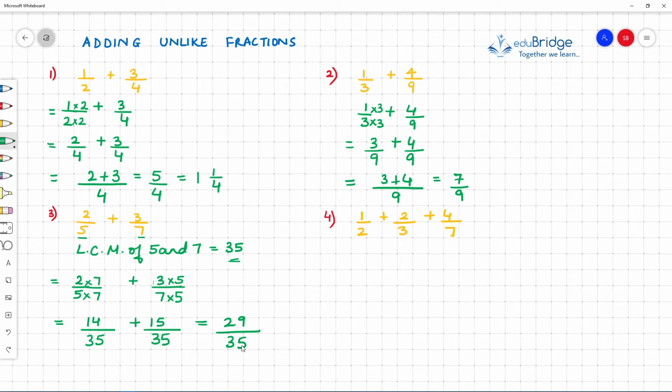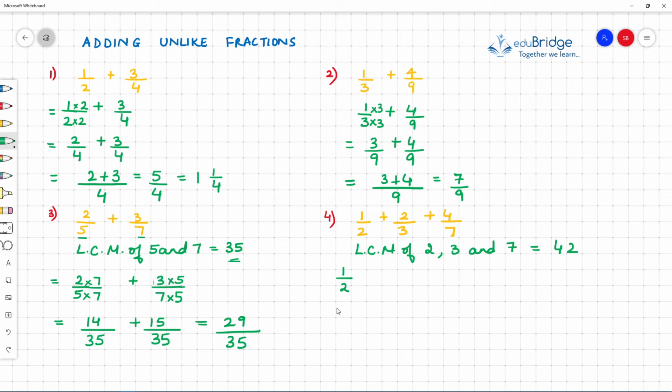Moving on to the next example, where we have to add three different fractions. We have denominators 2, 3 and 7, all of them prime numbers again. So let's take the LCM of 2, 3 and 7, which is 42. Let's convert our fractions.